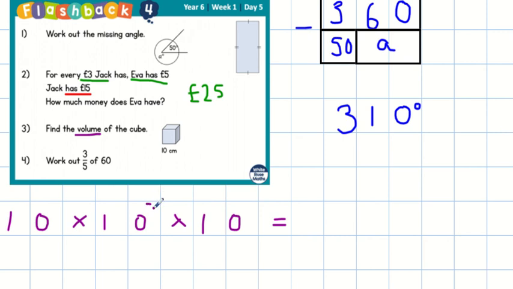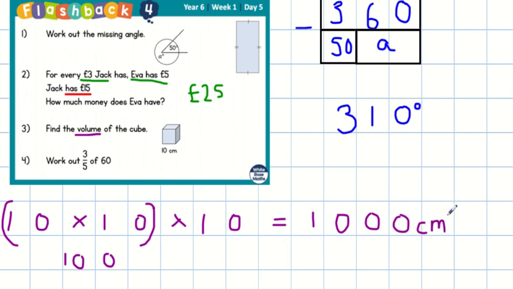I know that 10 times 10 is 100. I know that 100 times 10 is 1000. Therefore, the volume of my cube is 1000 centimetres cubed. Don't forget to include the correct unit of measurement in your answer.